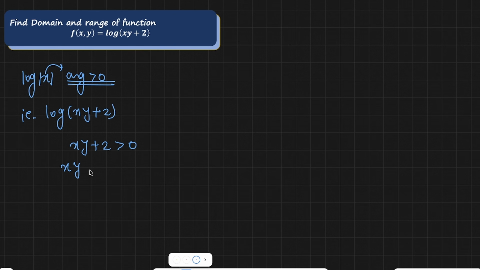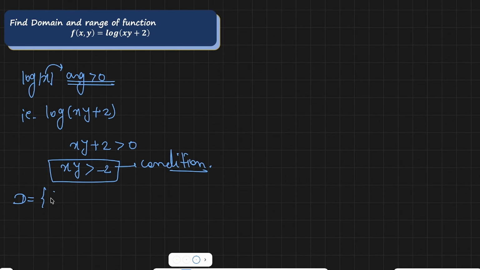It means your xy should be greater than minus 2. This is your condition. This is not the domain, keep in your mind, this is your condition. So the domain will be x comma y belonging to R2, the collection of all those points belonging to R2 which satisfy the condition, that is xy greater than minus 2. This is the domain, and this is the hyperbolic domain, because xy greater than a constant is called hyperbolic.